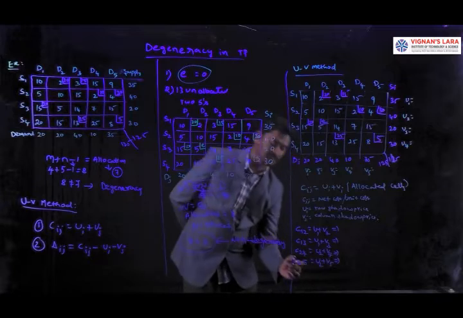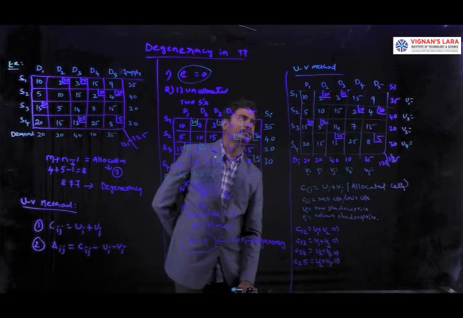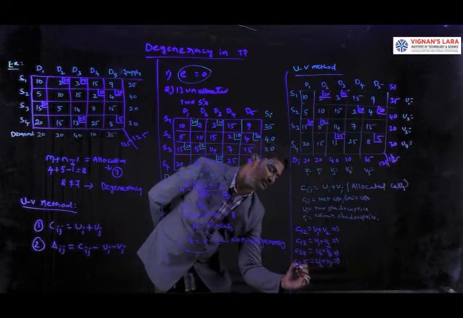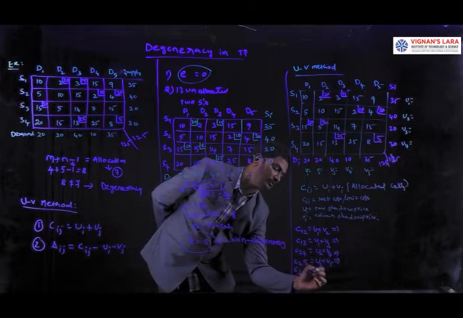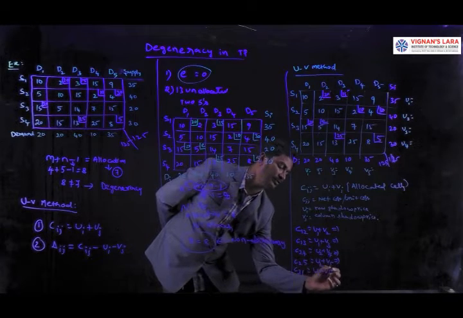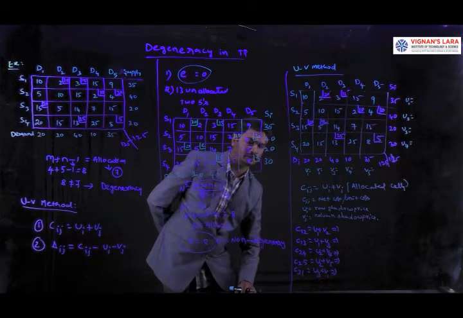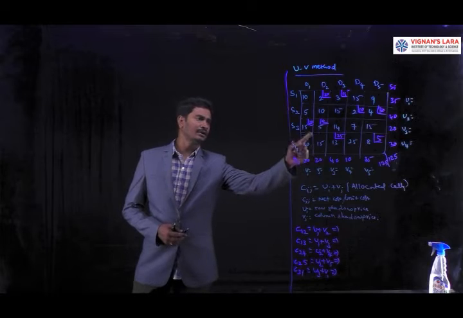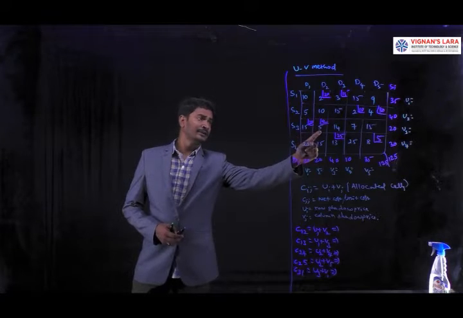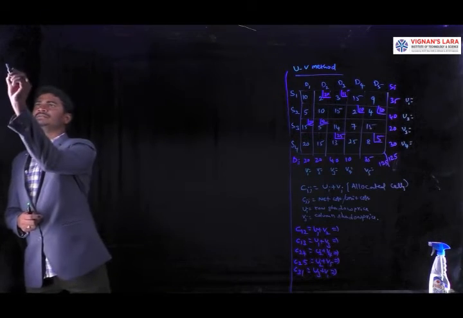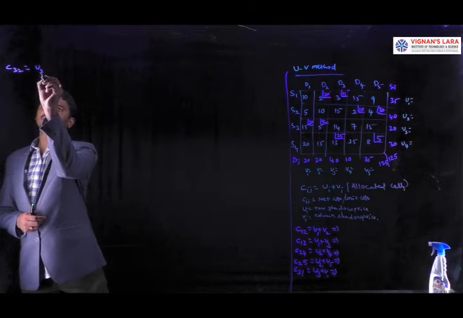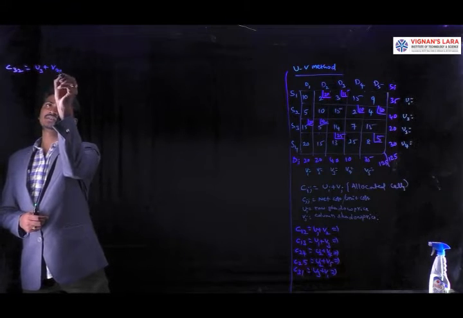Next, again we have C31 equal to U3 plus V1. Next allocation we have at S3 D2, that is C32, U3 plus V2.